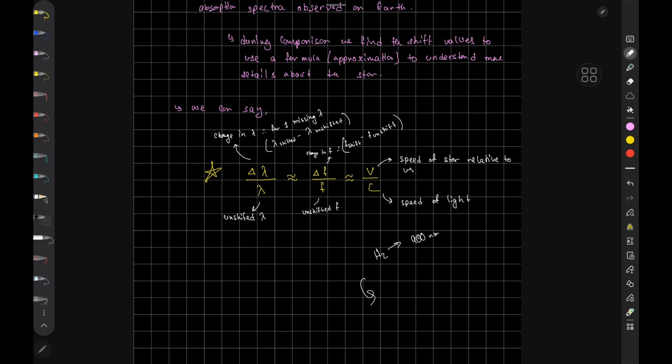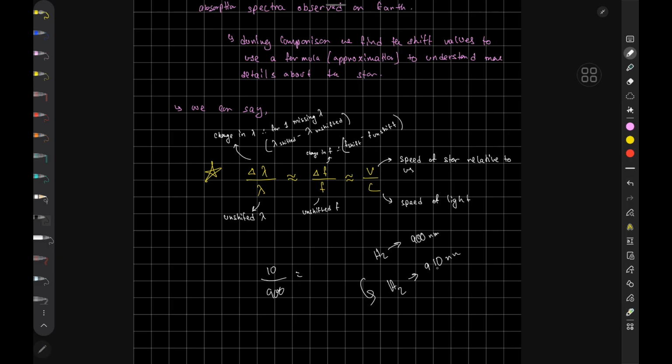Now in the Doppler shifted absorption spectra, what I see is the same missing line comes in at a higher wavelength. So 910 nanometer I get. So in the formula I would write delta lambda, which is 10 nanometer, divided by the original unshifted lambda, that is 900.